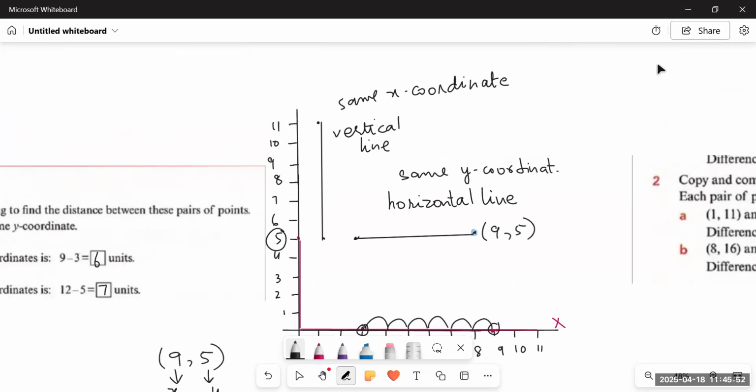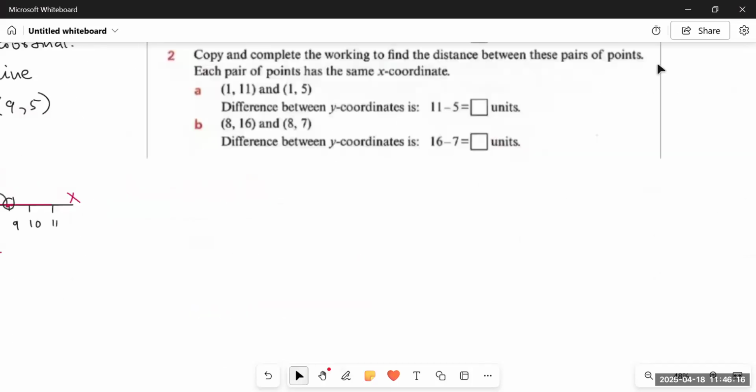Since the x coordinate is not changing, it's constant. So it means that it's a vertically straight line. And if the y coordinate is constant, then it means the line is horizontal. It's a straight line. But in both cases, we will have two straight lines, one vertical and the other horizontal. So how are we going to find out the distance between these two pairs?